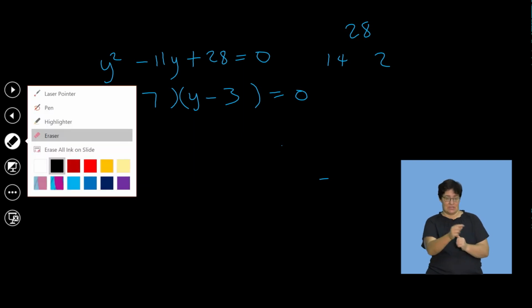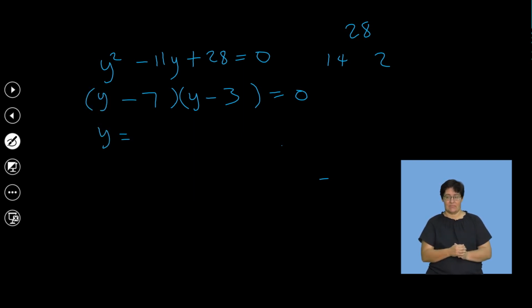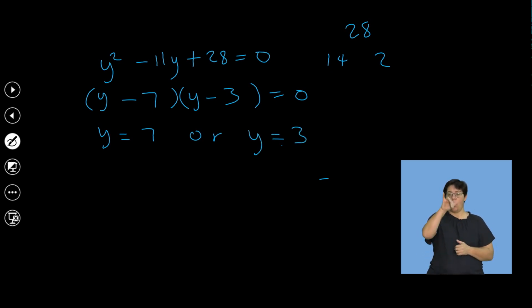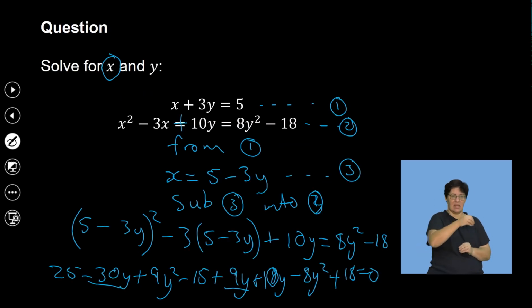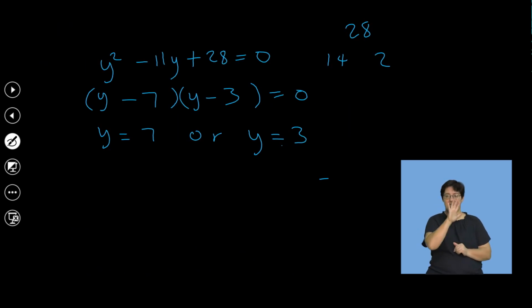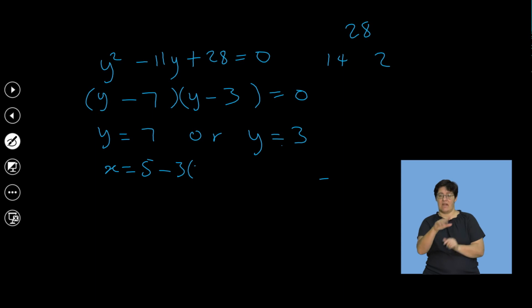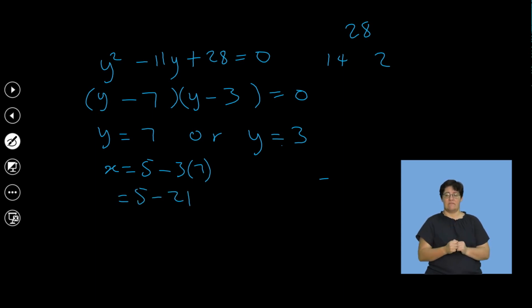And then from there, my y will be equal to 7, or my y will be equal to 3. And then substitute this into equation 3. Remember, our equation 3 was x equals 5 minus 3y. So x is equal to 5 minus 3 by 7, which will give me 5 minus 21, which will be negative 17.